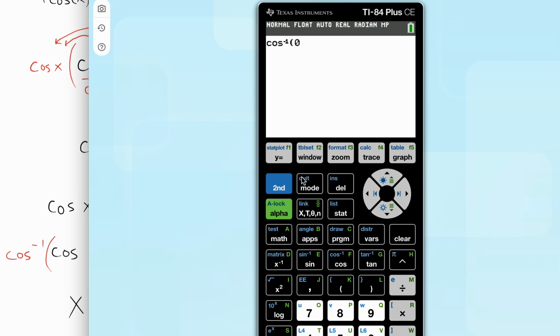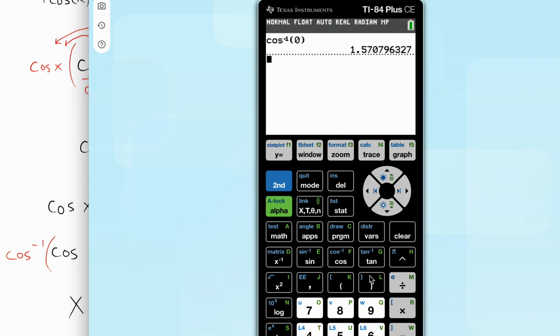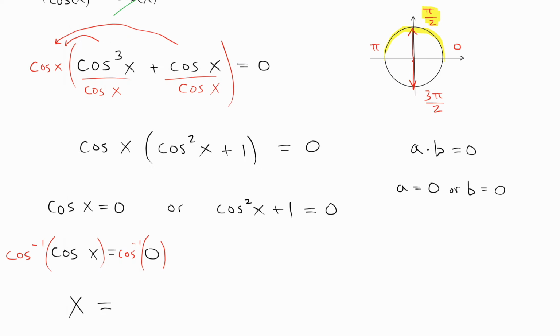Want to make sure you're in radian mode for this. And that is going to be pi over 2. So either pi over 2 or 3 pi over 2 could satisfy this equation.